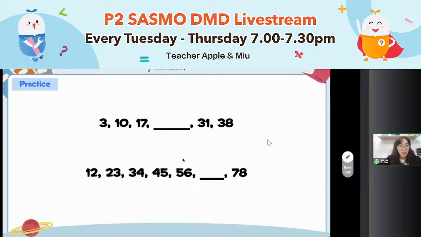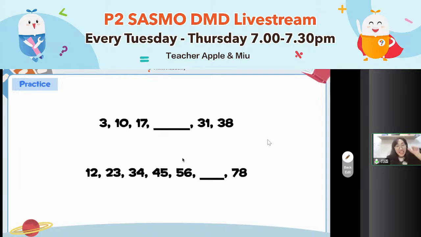Again, next one. 12, 23, 34, 45, 56. And next one, what is the missing number again? So what is the difference here?